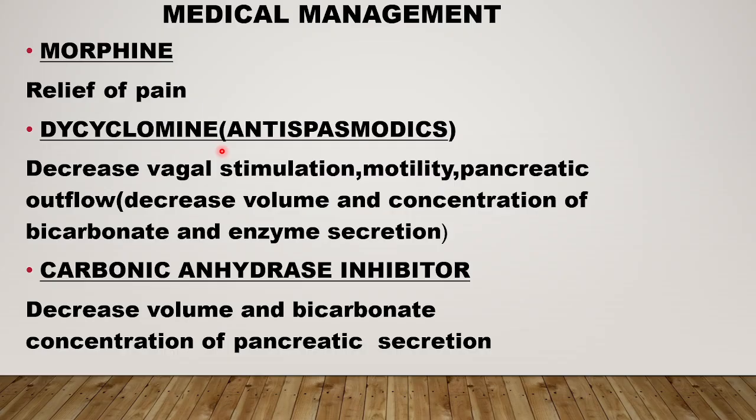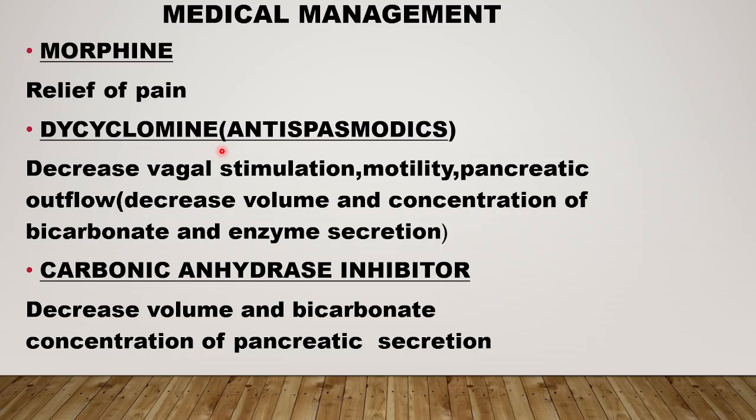It's an anticholinergic drug used to relax the smooth muscles of the intestine. How does it act? Its action is partially through antimuscarinic activity on the M1, M3 and M2 receptors.